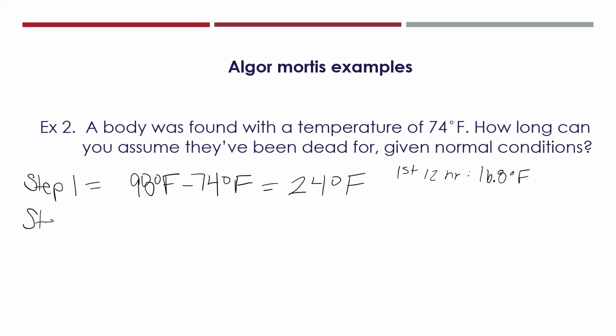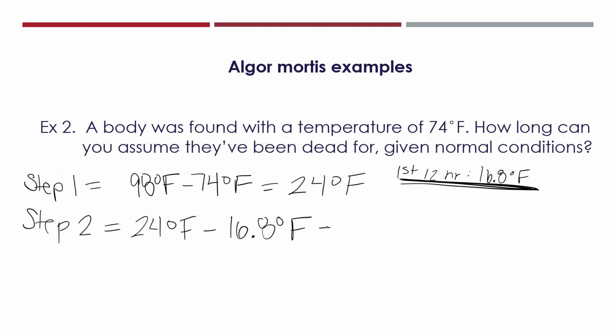Step 2, I know that they lost this much heat in the first 12 hours. How much body heat did they lose the second half? So I have to take 24 minus the first 12-hour loss, which gives me 7.2.